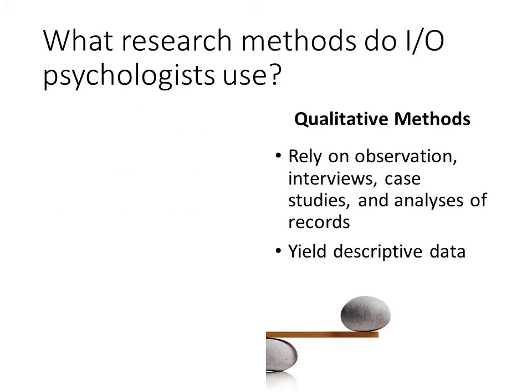Qualitative methods rely on things like observations, interviews, case studies, and analysis of historical information, like personnel files. When we use qualitative methods, we generally get words, descriptions of experiences, of feelings, emotions, behaviors, attitudes.